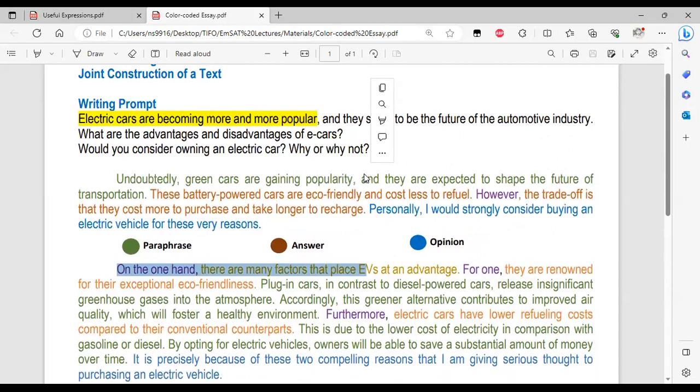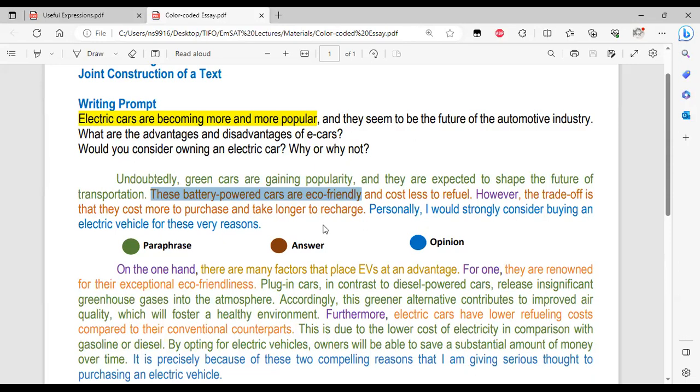I put them signals here, I said these battery powered cars are eco friendly, so I will write a topic sentence on this. For example: one of the advantages of using electric cars is their eco friendliness. Okay, this is a very general topic sentence. Then I will explain what eco friendly means: they do not harm the environment.